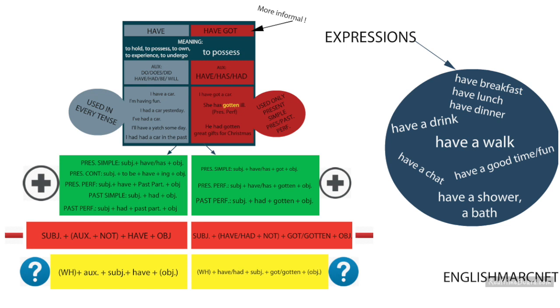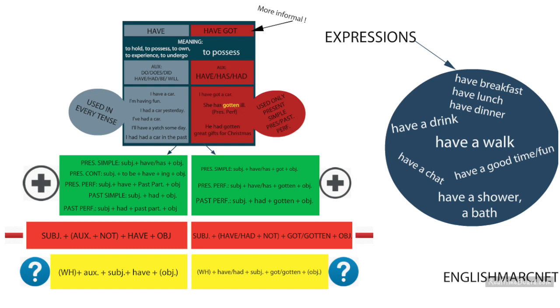I'll have a yacht someday. And the last one, I had a car in the past. So that is the past perfect. So as you can see, have is very variable.